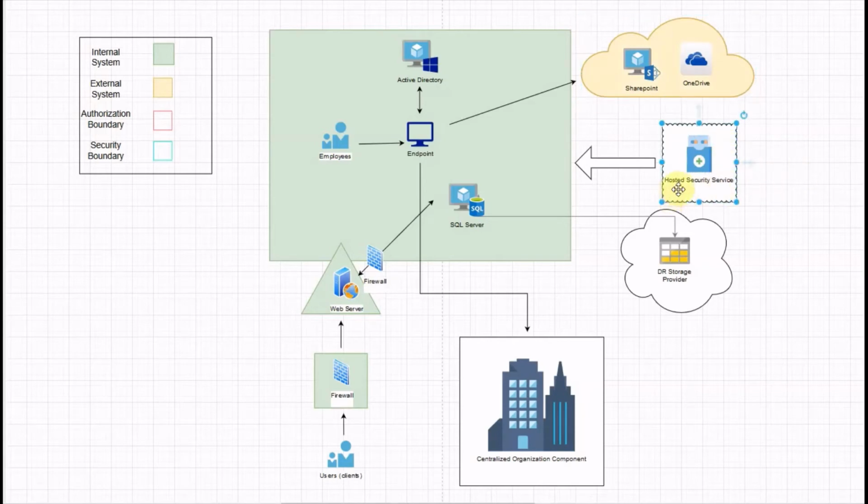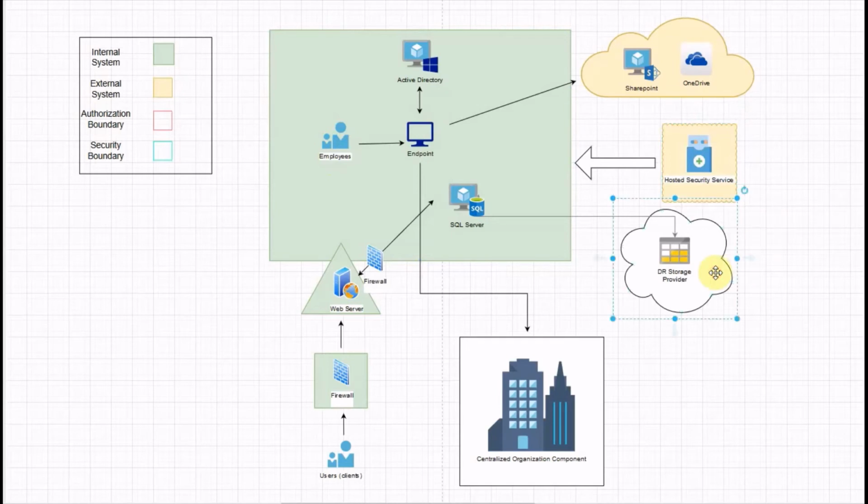Likewise, we have this hosted security service, and that hosted being the key word there. Maybe we have SOC analysts on the other end that are monitoring alerts and alarms. Or maybe it's a totally automated process that's going to deliver alerts to system administrators or security personnel within our organization. But because it's a hosted security service, that's going to be external to the information system as well.